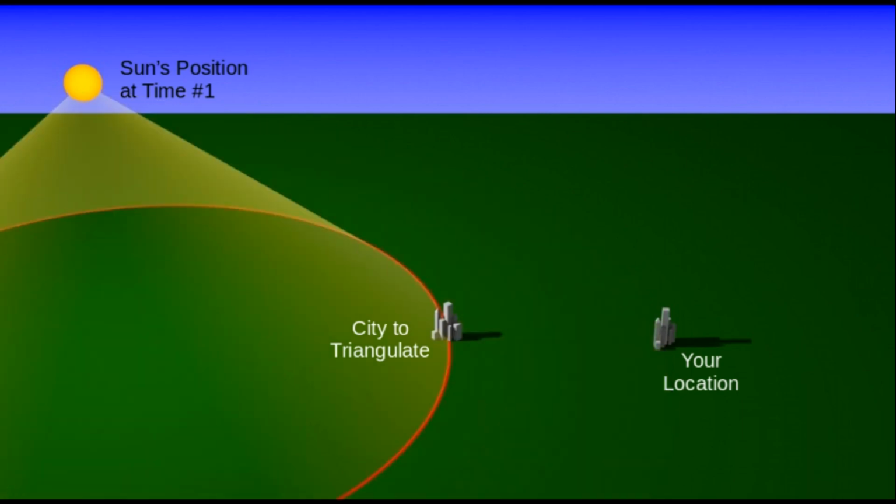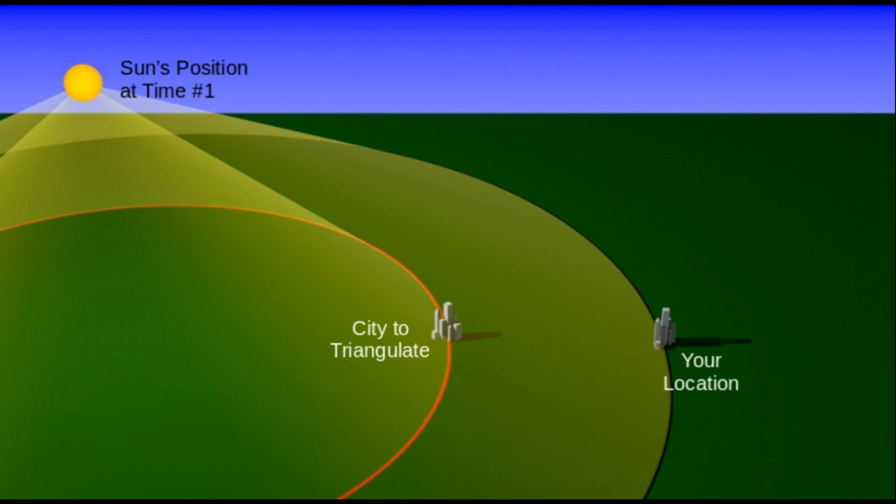Your friend in the other city sees a different elevation angle of the sun at the same time. Now all the sun rays that hit the Earth at that angle also lie in the shape of a cone and hit the Earth in the shape of a circle. And that is the red circle.